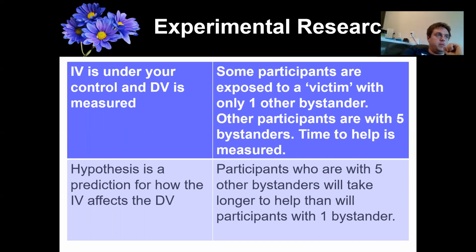So rather than saying, as in a correlational design, higher GPA will be associated with higher study time, you're going to say this condition or this group is going to score higher on the dependent variable than this group, okay, or lower, whichever you pick. So in this example, participants who are with 5 bystanders will take longer to get help than participants with 1 bystander.